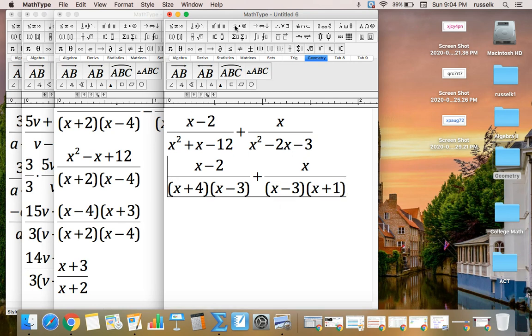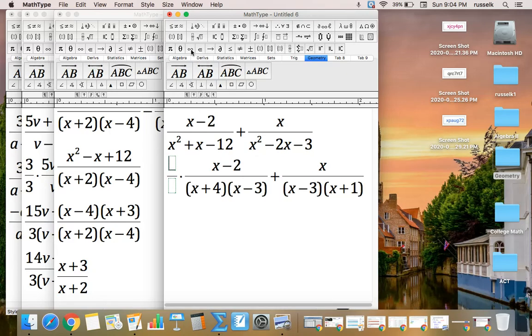From the first one, I would multiply the top and bottom by x plus 1.